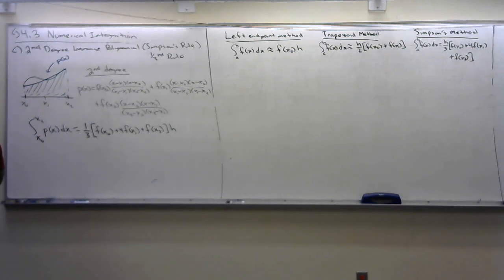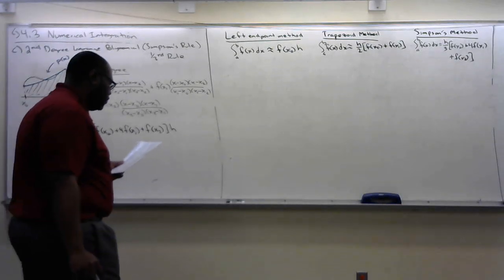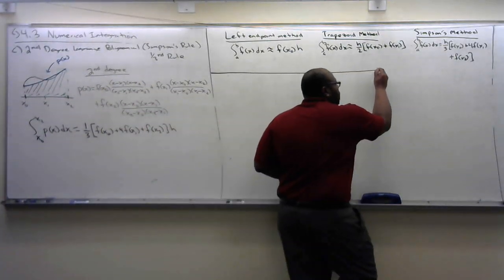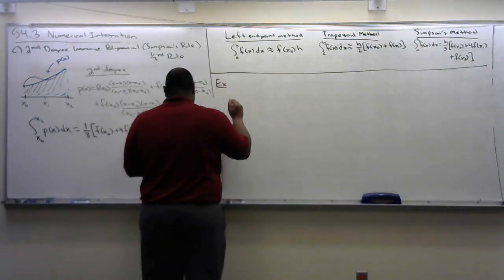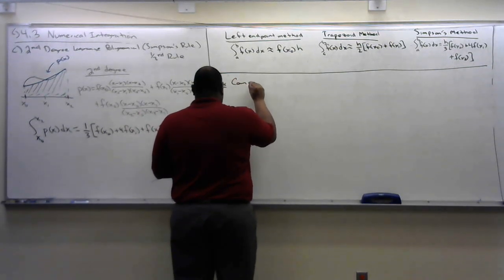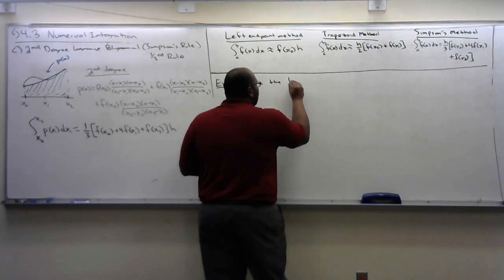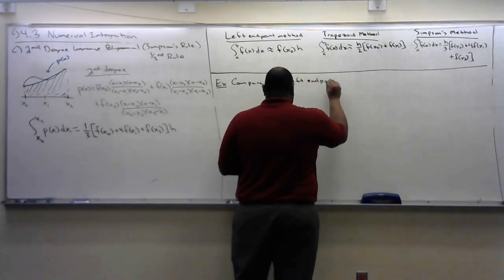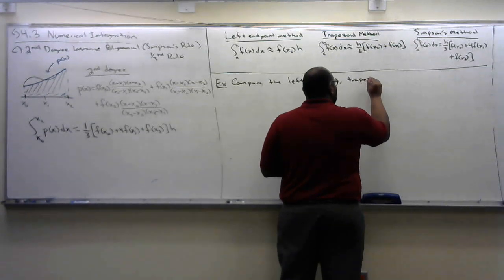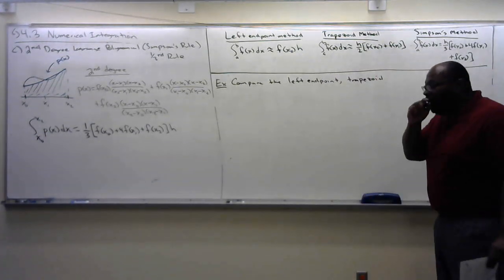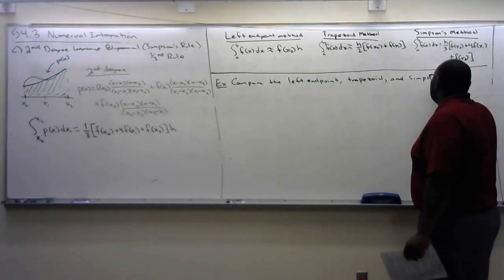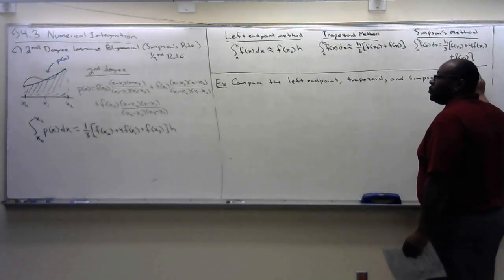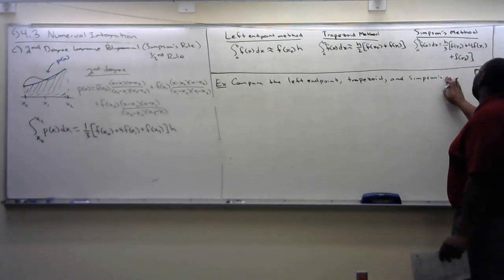Let's look at an example of how we can use this. I want to compare the left endpoint, trapezoid, and Simpson's rule to approximate the integral from 0 to 2 of x squared dx.